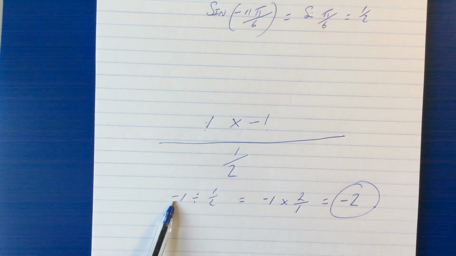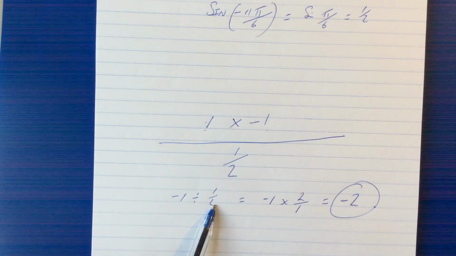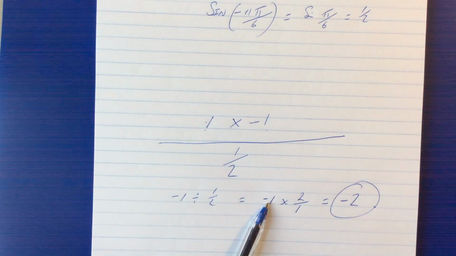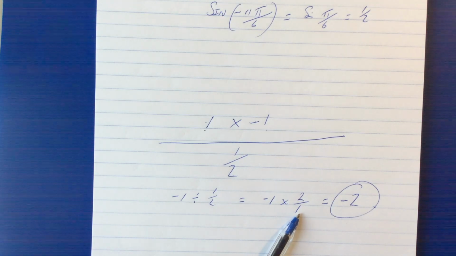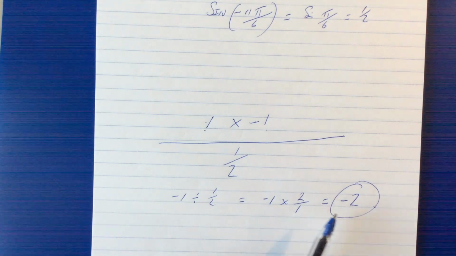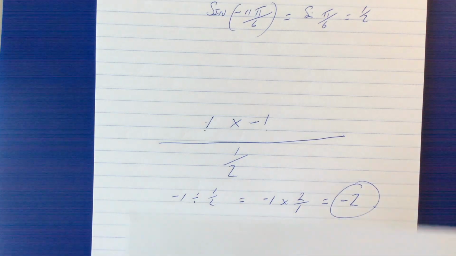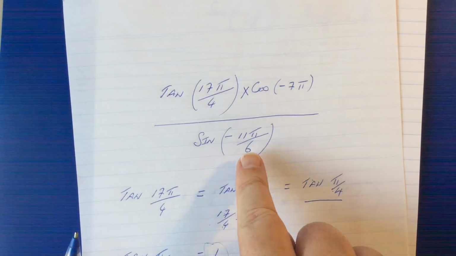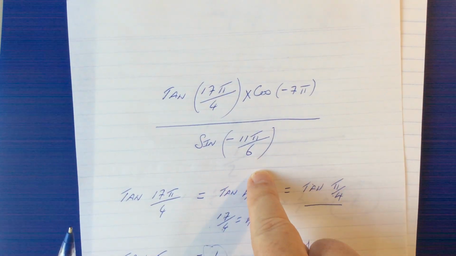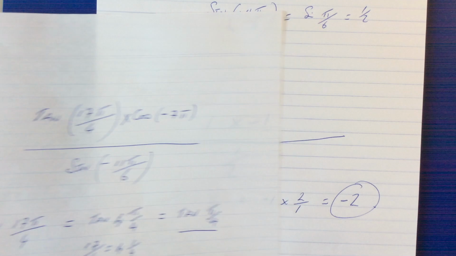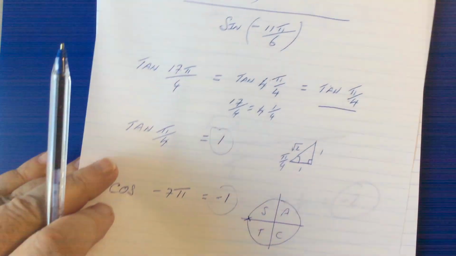So it is -1 divided by a half, which is the equivalent of -1 times 2 over 1: save, change, and flip, fraction time. The answer is -2. The answer to this question, what does this equal, is -2.